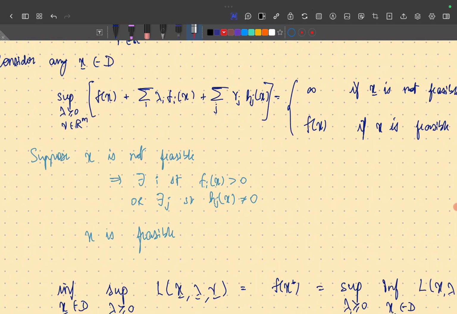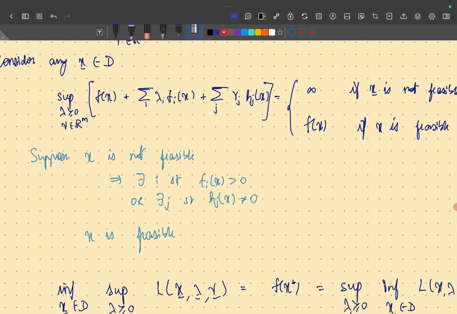In fact, the gradient with respect to lambda need not be equal to 0. If you take the partial derivative of the Lagrangian with respect to lambda_i and set it equal to 0, effectively what you get is f_i of x equal to 0, which may not happen.